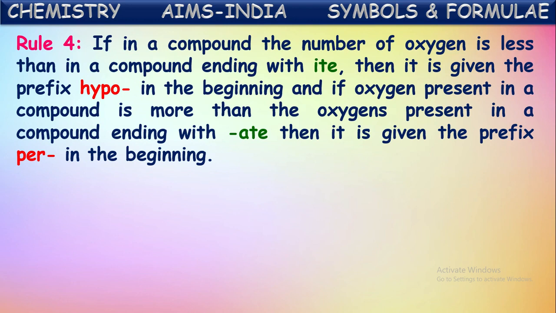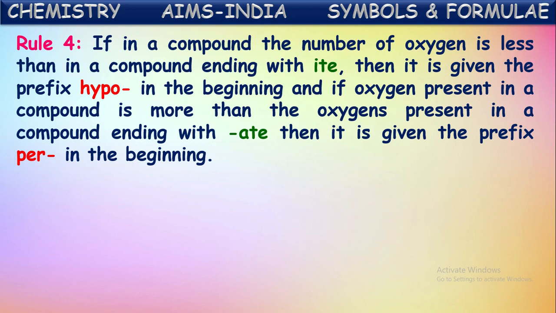In the same way, if the oxygen atoms present in a compound are more than the oxygen atoms present in a compound ending with "ate", then it is given a prefix per in the beginning. Generally, if there are two compounds, the one with the greater number of oxygen atoms ends with "ate", and the compound with fewer oxygen atoms ends with "ite".